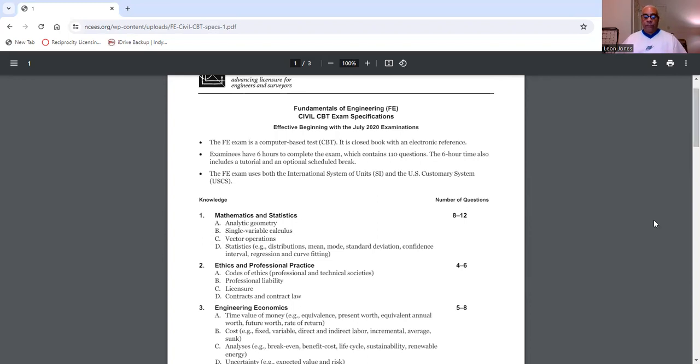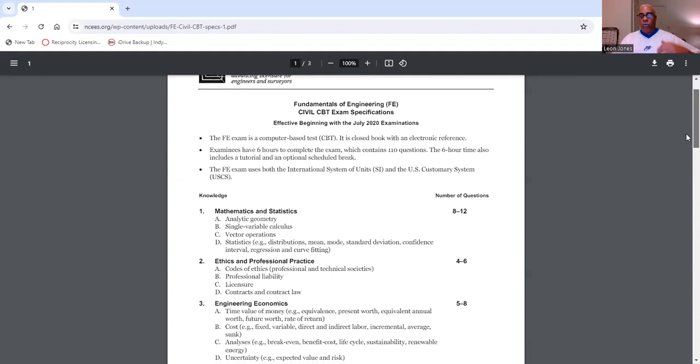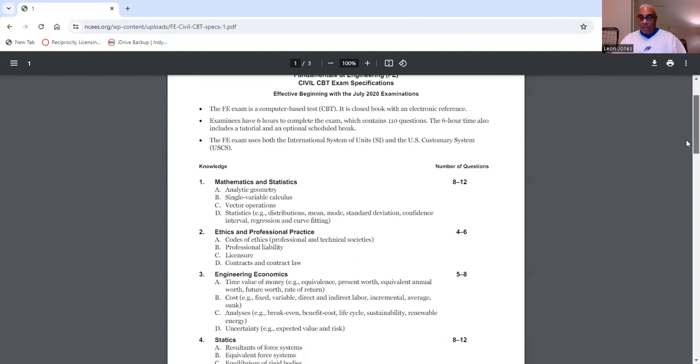Again, the specifications are basically an outline. And once you understand the outline, that's what you study for. And then you go and do different problems. But I'm going to get into studying when I sum everything up too, because even myself, I get tripped up on studying as well.